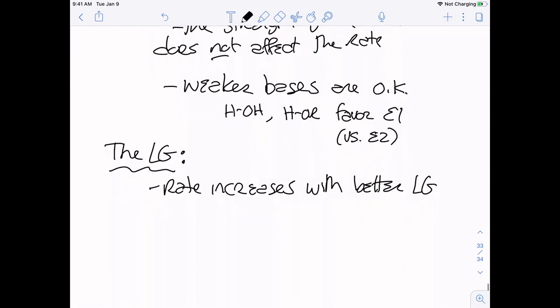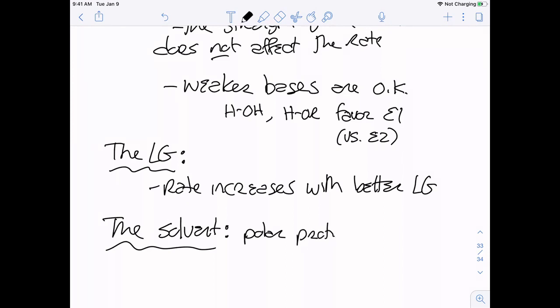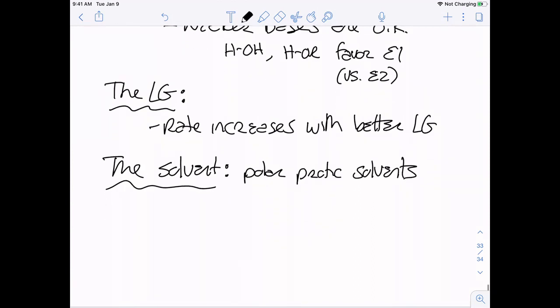The solvent. My solvent for this one, we are going to prefer polar protic solvents. And then the substrate, which is our alkyl halide in this case.